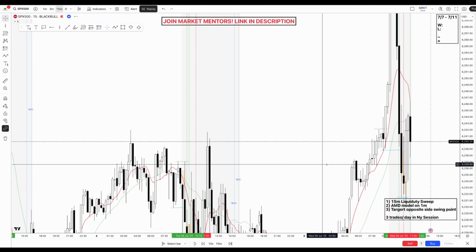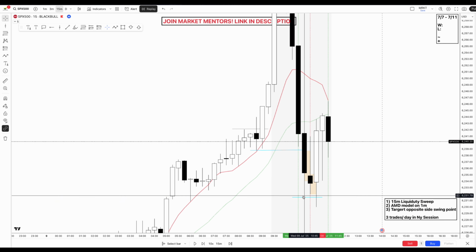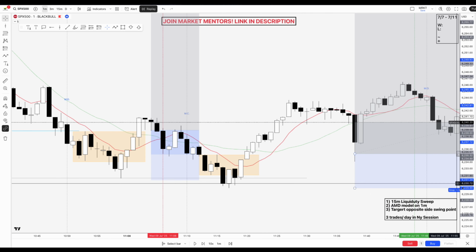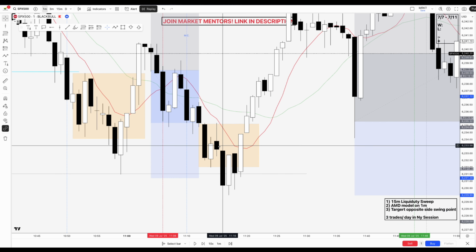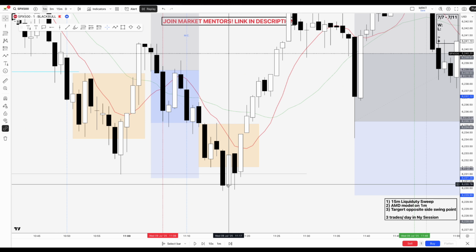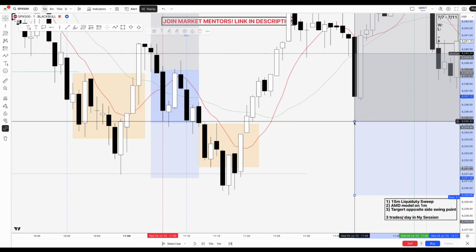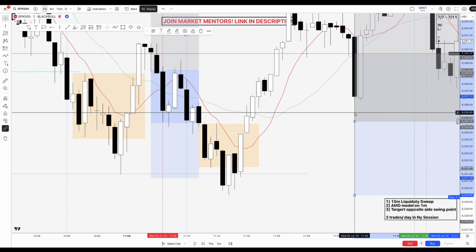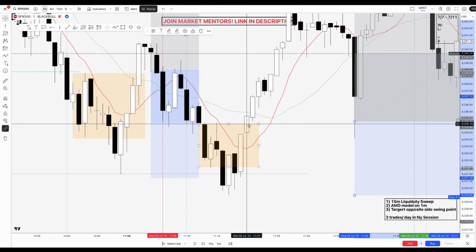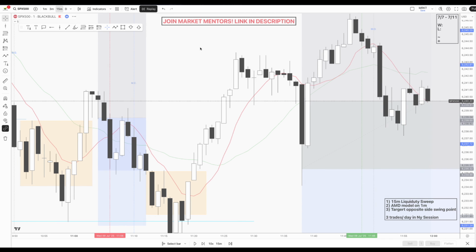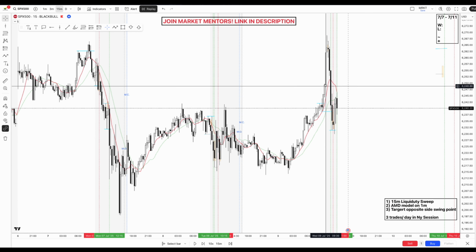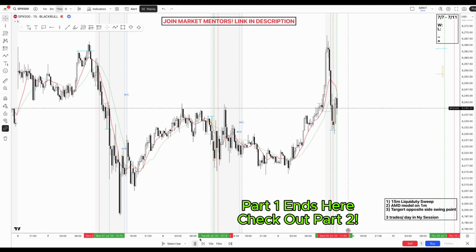We'll see another swing low here, swept this liquidity, and then rejects off and forms another AMD model. See this accumulation in these candles, manipulates to the downside, distributes to the upside. It goes up a little bit, then comes back down and tags this imbalance. You target the next 15-minute swing point, which is still back up here, and it ends up playing through.